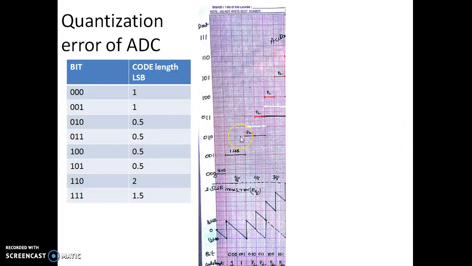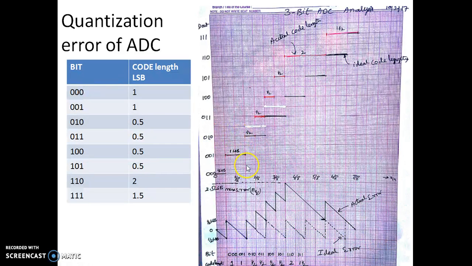Here finally the value becomes merged with the ideal value. As you can see here, in the ideal case the quantization error was not exceeding plus half LSB and minus half LSB, whereas in this particular case, for a code having different code length, the quantization error has gone up to plus 2.5 LSB.